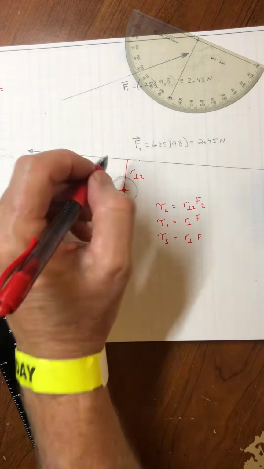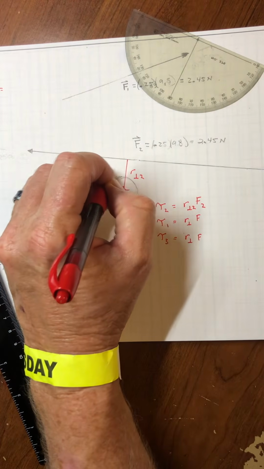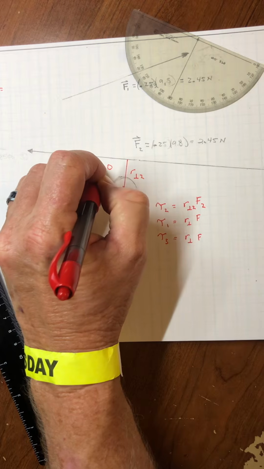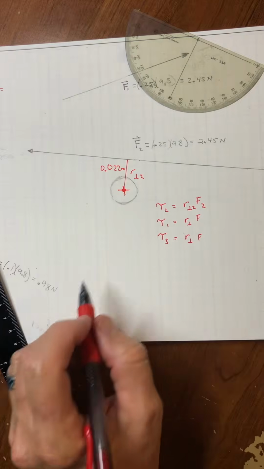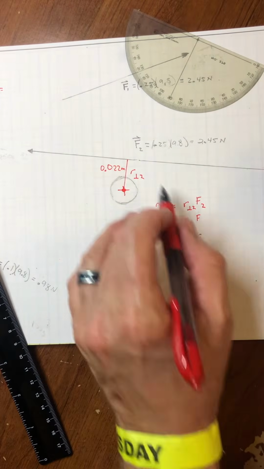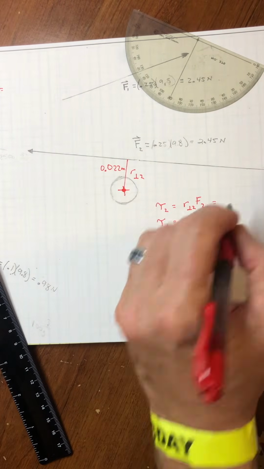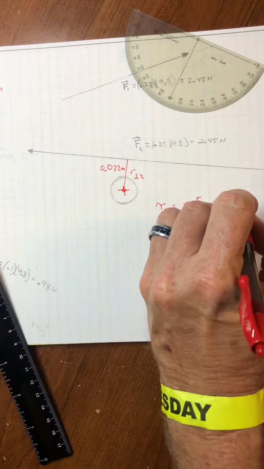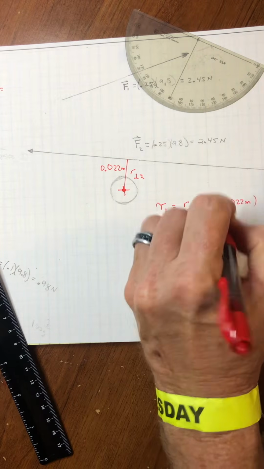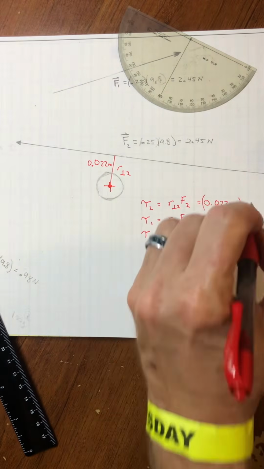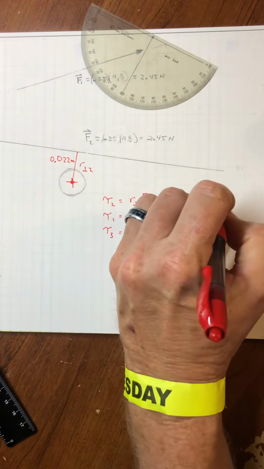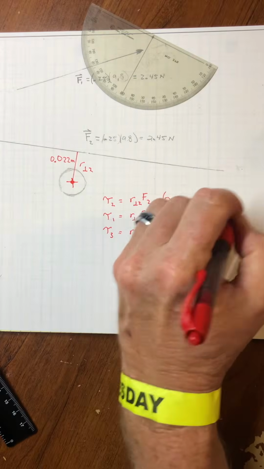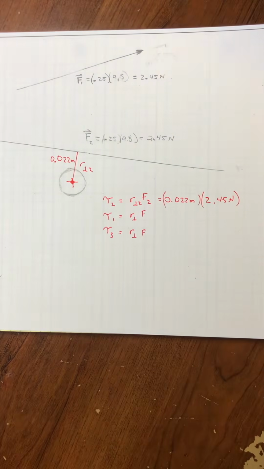And it looked like that was about 2.2 centimeters. So I'll write it as 0.022 meters. So the torque from number 2 then would be 0.022 meters times the force, 2.45 newtons. And then let's not forget the sign for a moment.